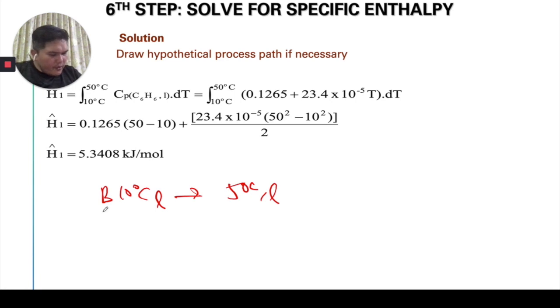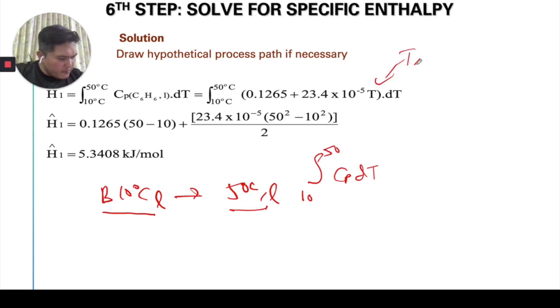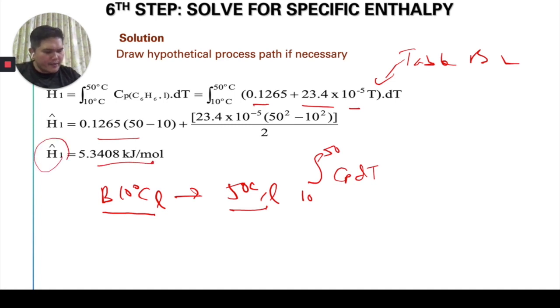So from 10 degrees to 50 degrees Celsius is just a calculation of the integral of CpdT, from 10 to 50. That's all. If you refer to table B2, you'll be able to get all these coefficients, substitute into it, perform the calculation, and get your delta H1.